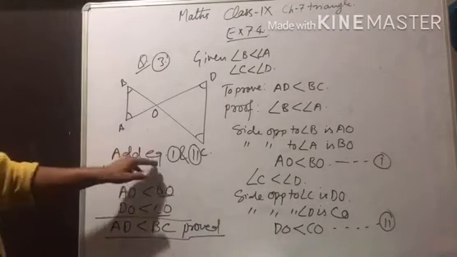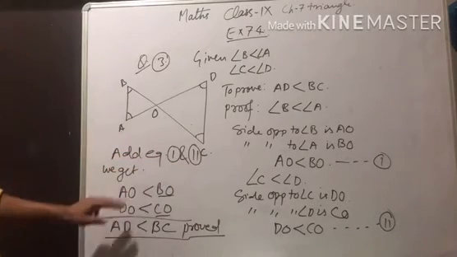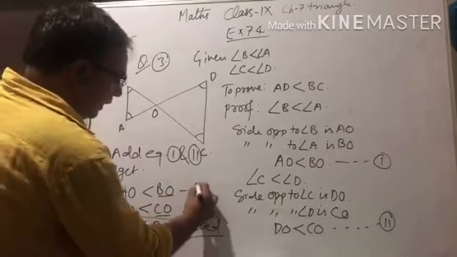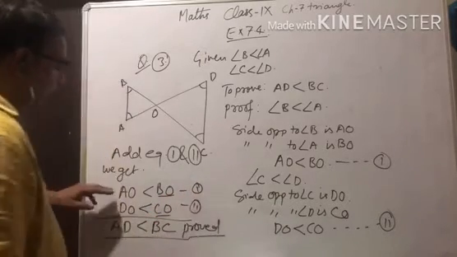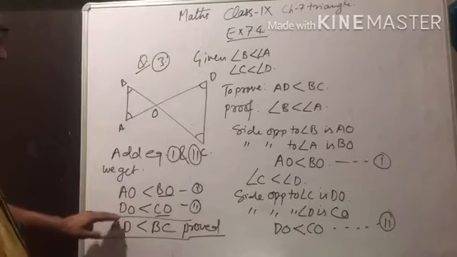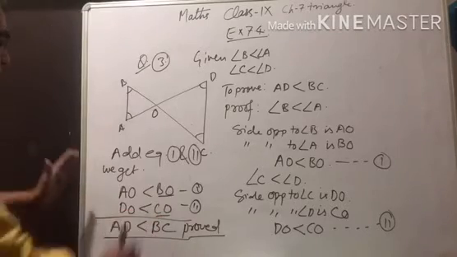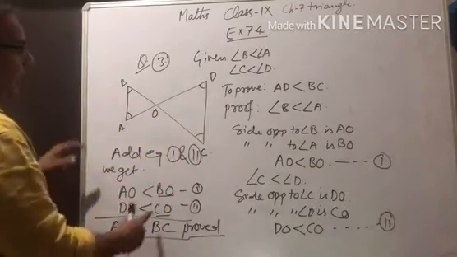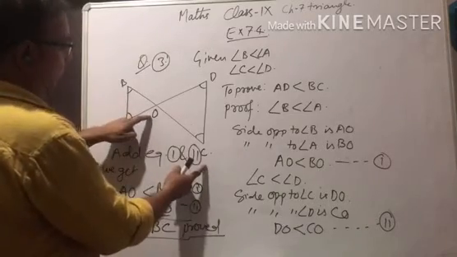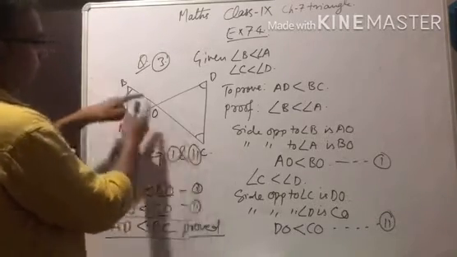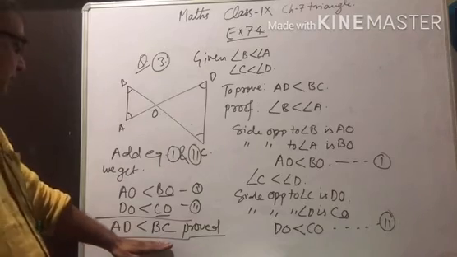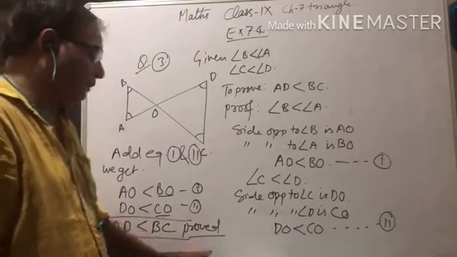Now add equations 1 and 2. AO is less than BO and DO is less than CO. When we add this, AO plus DO become AD, and BO plus CO become BC. So AD is less than BC. Proved.